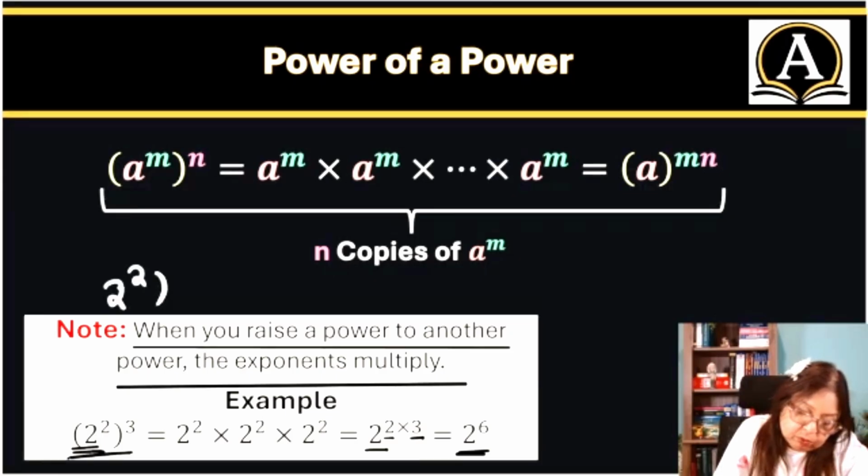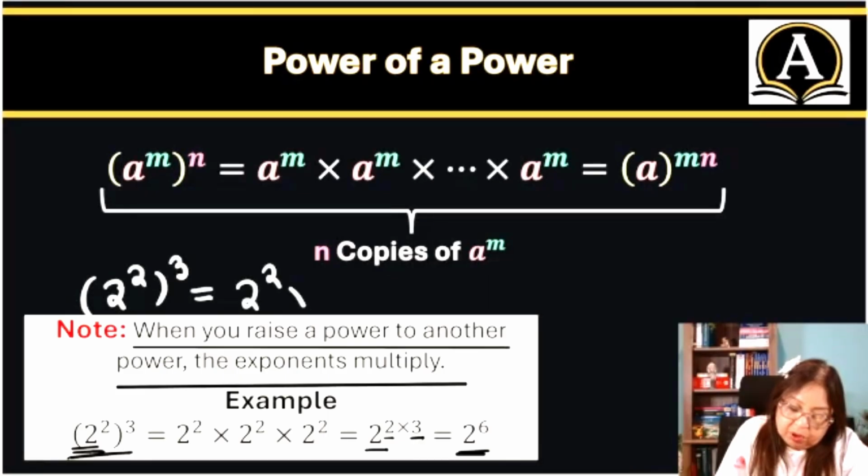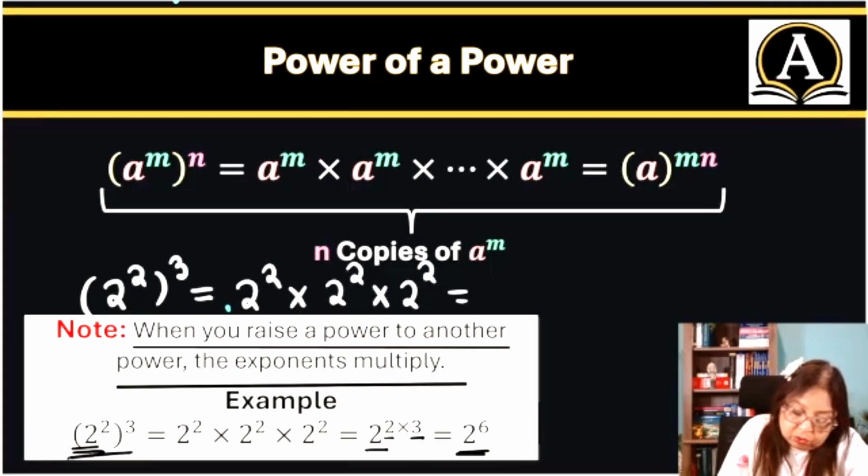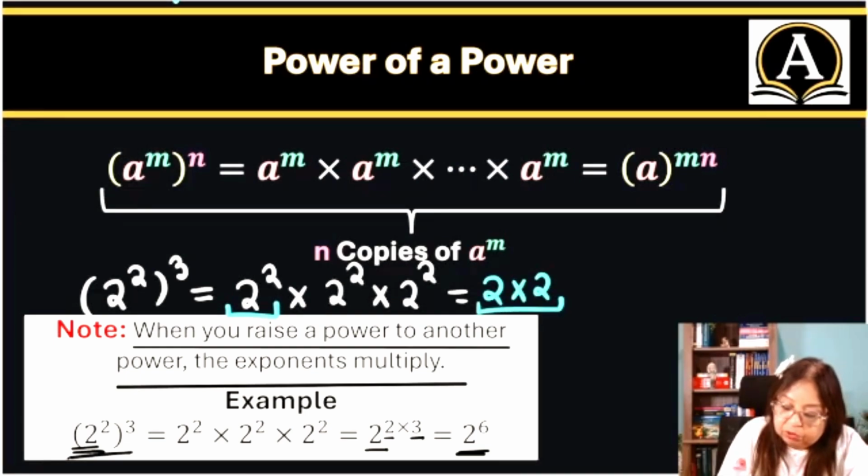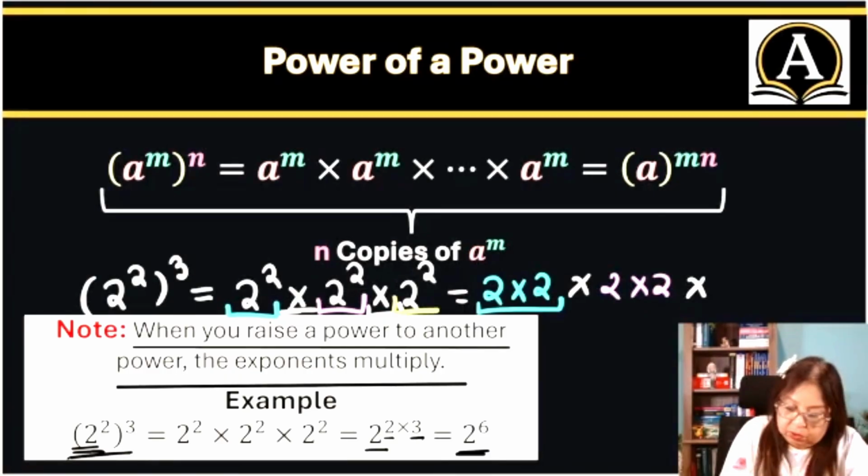2 to the power 2, and this whole thing is raised to the power 3. So this is 2 to the power 2 times 2 to the power 2 times 2 to the power 2. Each of these 2 to the power 2's can be further written as 2 times 2.